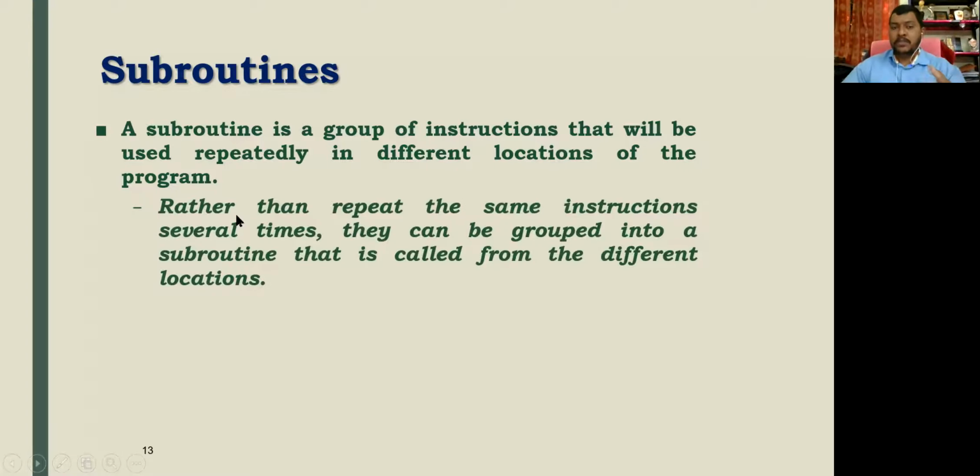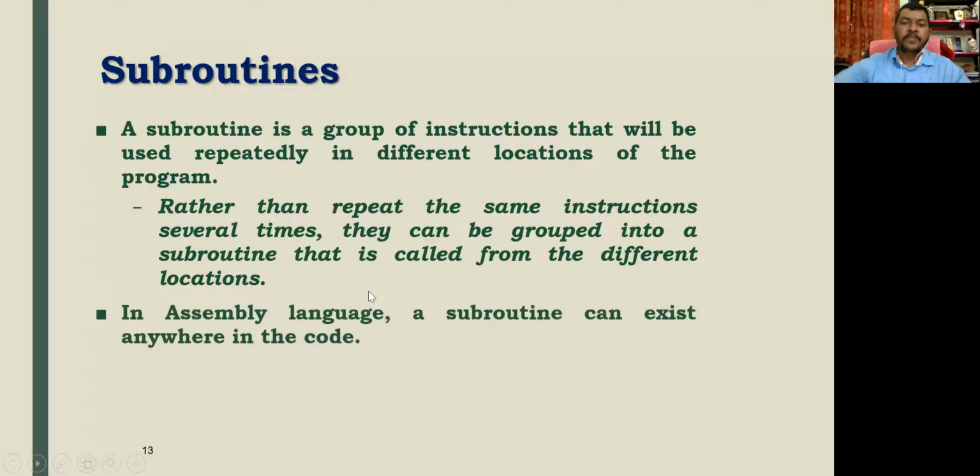Rather than repeat the same instructions several times, they can be grouped into a subroutine that is called from different locations. So we can call that program in the main program, right? In assembly language program, subroutine can exist anywhere in the code. Now remember this, we are talking about 8085 and assembly language programming.